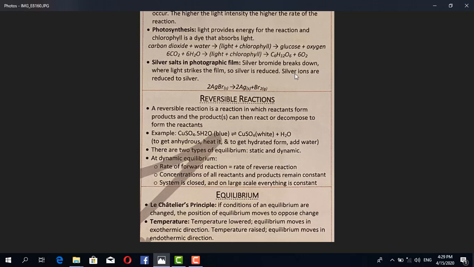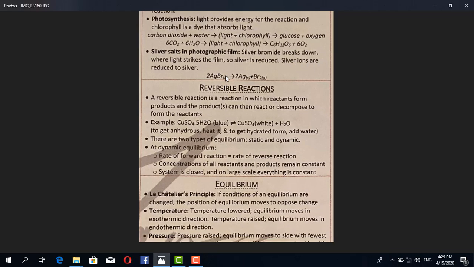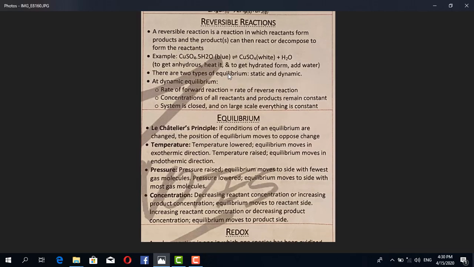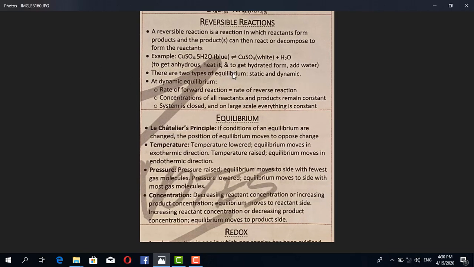The reversible reactions. Any reaction which we can take back is called a reversible reaction. That means if I take a hydrated solution and take the water out of it, it will be anhydrous. But if I add the water back again, it will be hydrated. So practically, I can make the process go on and I can take it back.